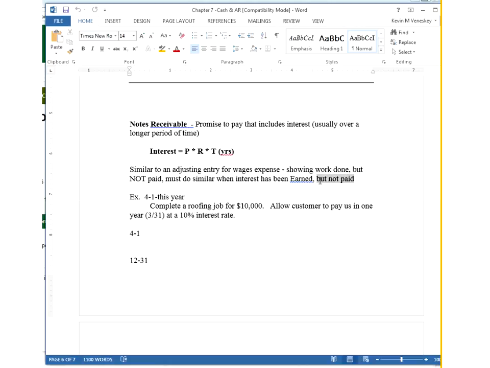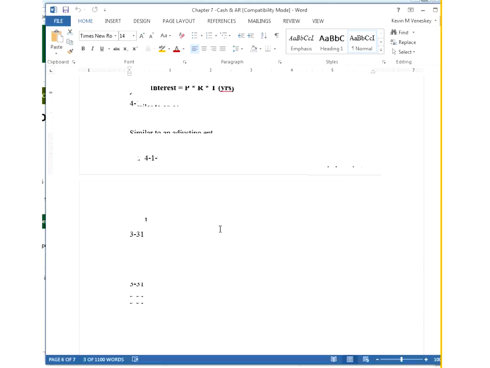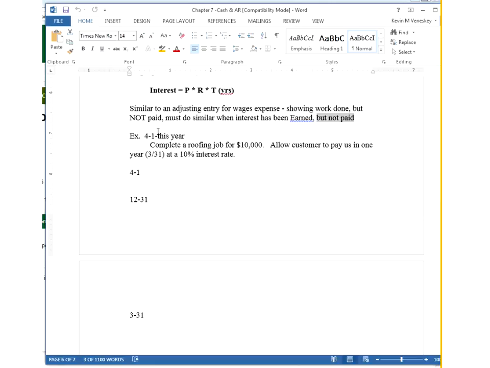Even though we haven't been paid the interest, we're going to show that we are due this interest. So let's look at my example here. On 4-1 this year, we completed a roofing job for $10,000. And the customer, we have agreed that he'll pay us in one lump sum a year from now. And we do charge a 10% interest rate.